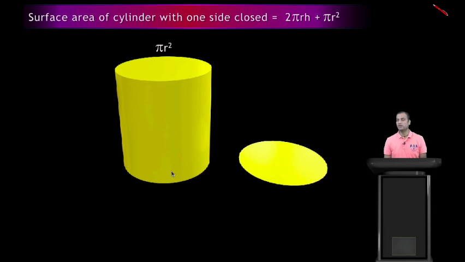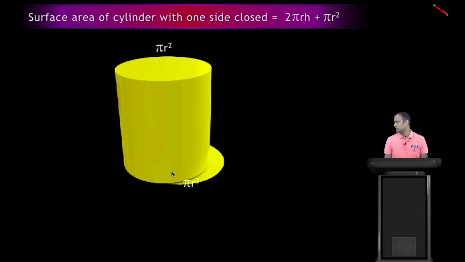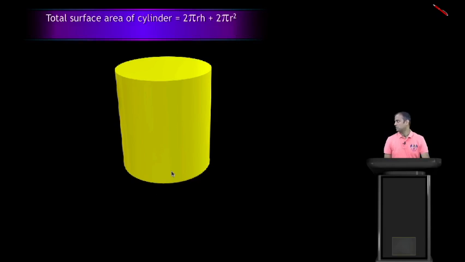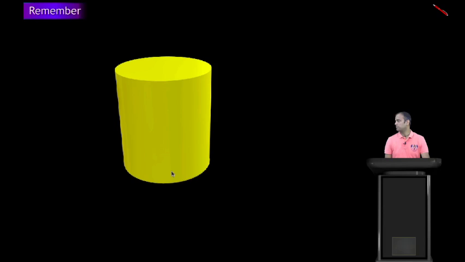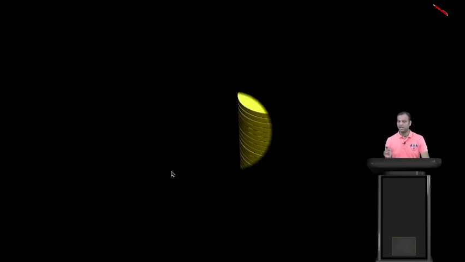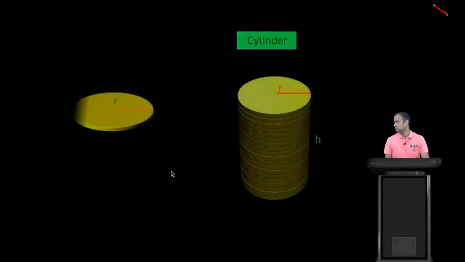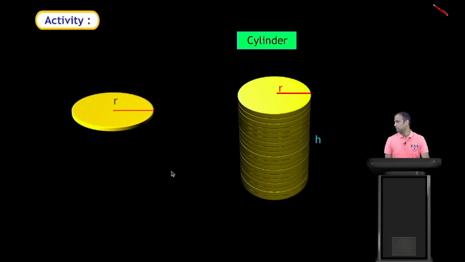So we can write this as 2 pi rh plus pi r square, and if we add another portion then we will get 2 pi r square, and we can write this as 2 pi r into r plus h. So the CSA is 2 pi rh and TSA is 2 pi r into r plus h.